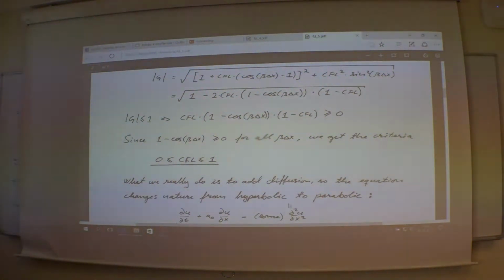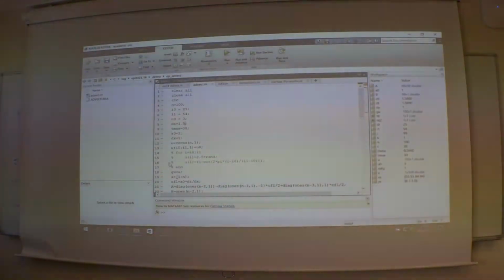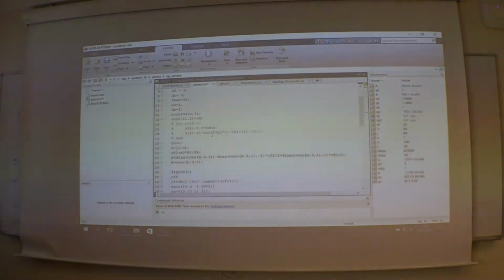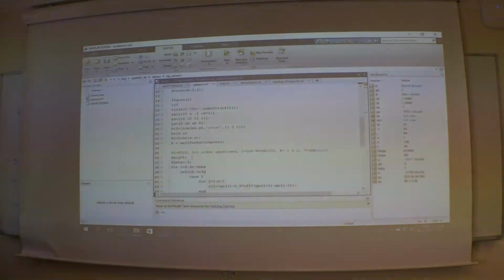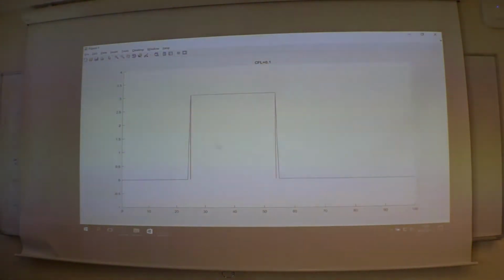What about the numerics? Let's try to go back to the program. Go back to delta t 0.1. And then I choose the scheme, which then is first order upwind scheme, and then see what happens. Here we had the problem.